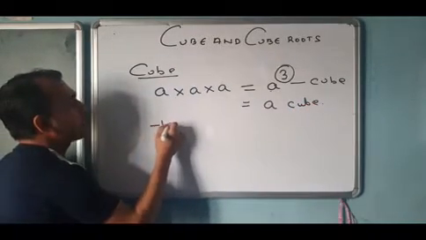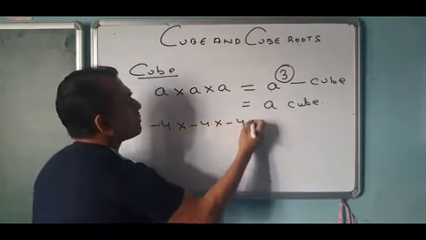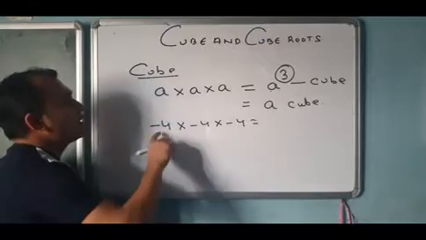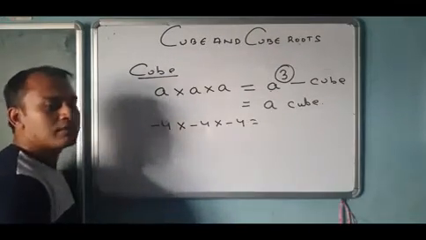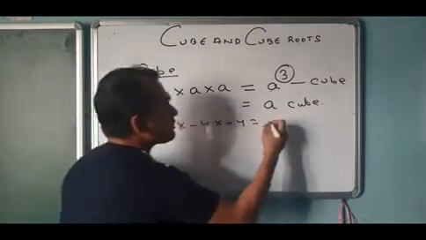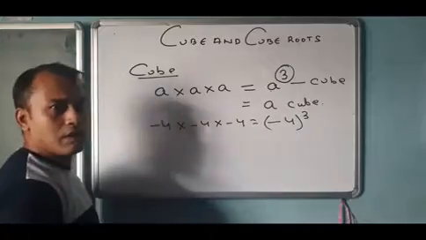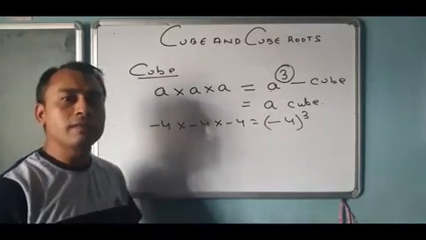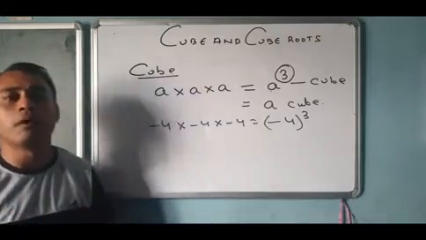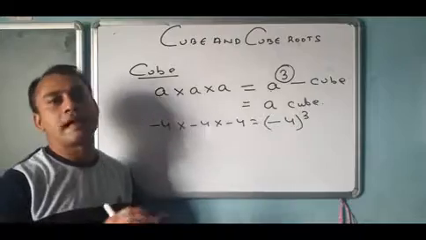Similarly, if I have minus 4 into minus 4 into minus 4, then this minus 4 is a base which is multiplied 3 times with itself. So I can write this as minus 4 raised to the power 3, that is minus 4 cube. Hence, a cube of a number represents that the given number is multiplied 3 times with itself.